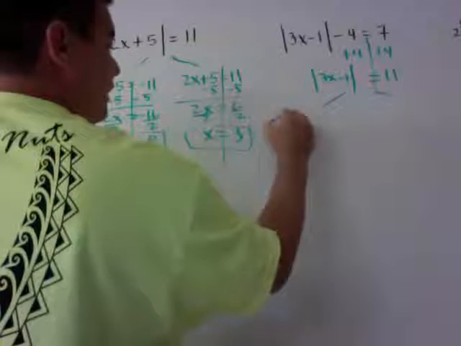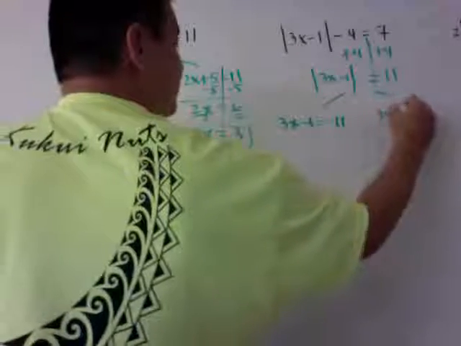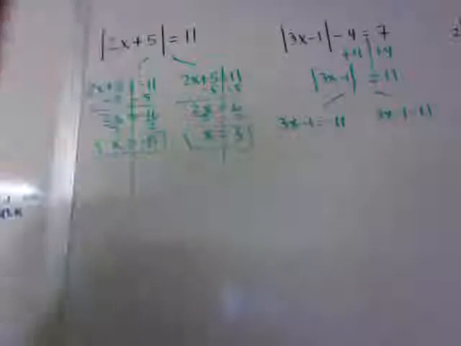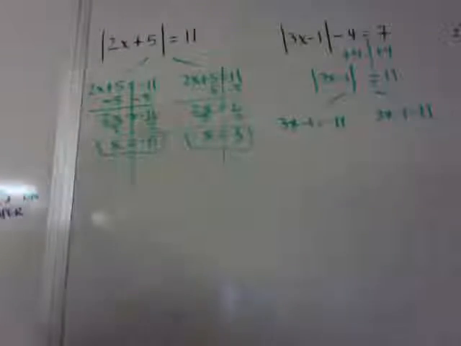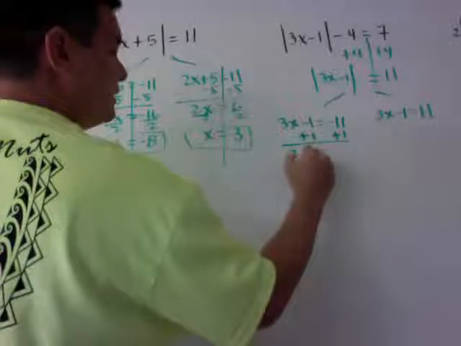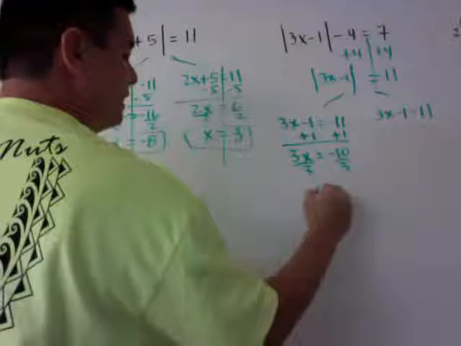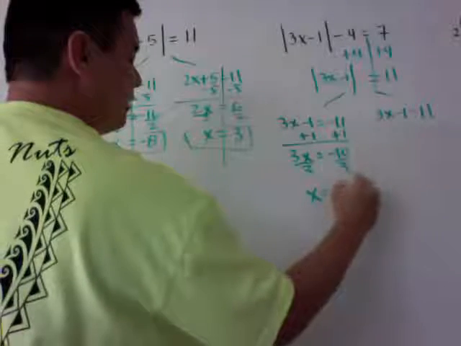So I get 3x minus 1 is equal to negative 11, and 3x minus 1 is equal to positive 11. Okay. I'm going to solve those individually. So if I plus 1, 3x is equal to negative 10. Divide by 3. X is equal to negative 3 and 1/3 here.